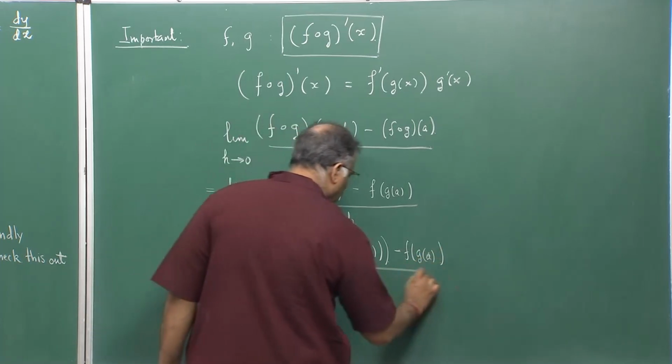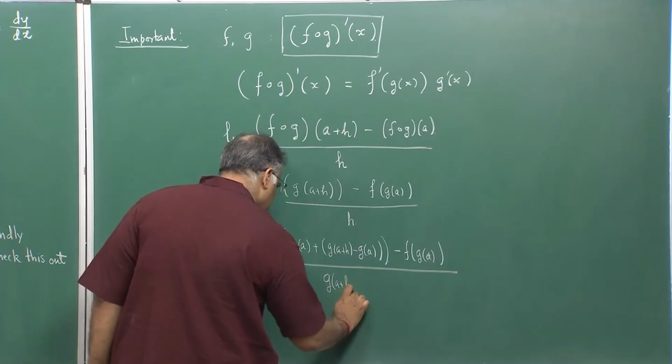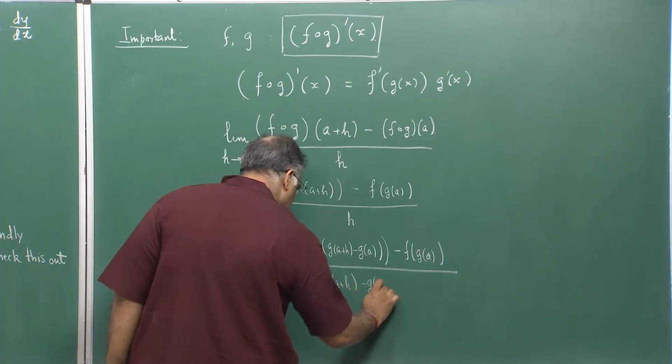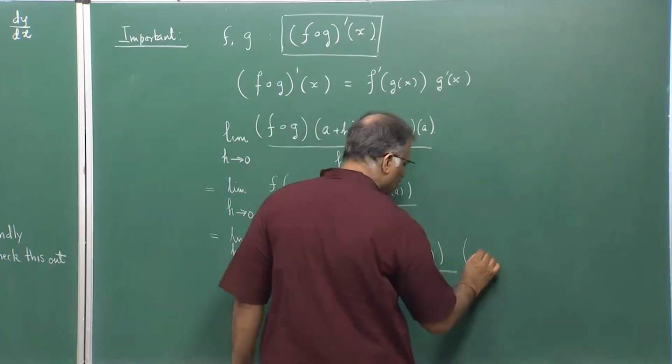What I do now, I multiply both top and bottom by g a plus h minus g a.